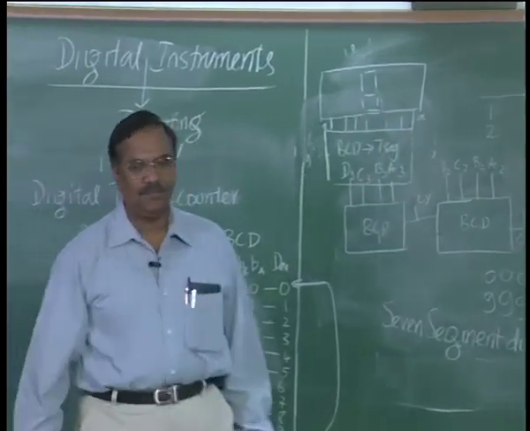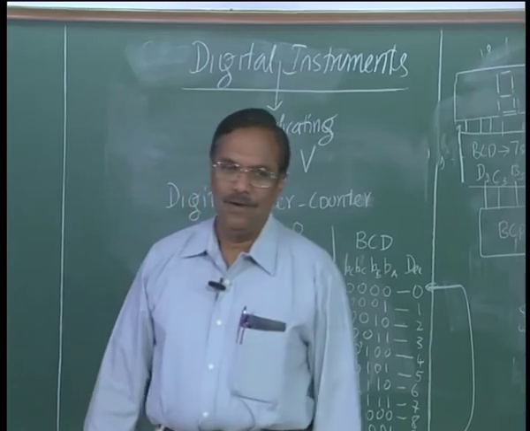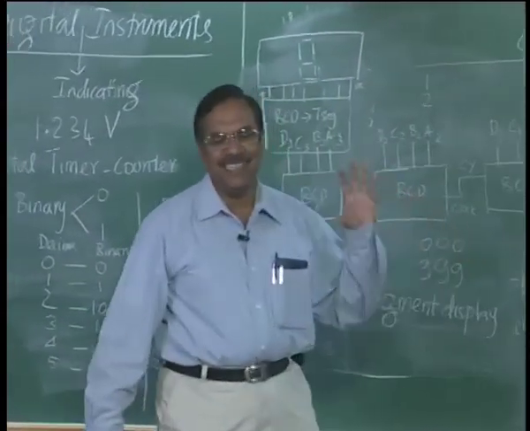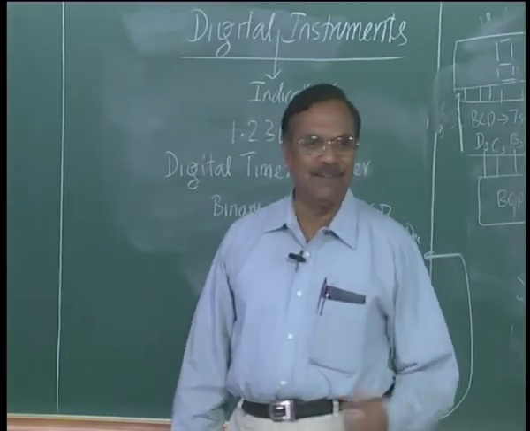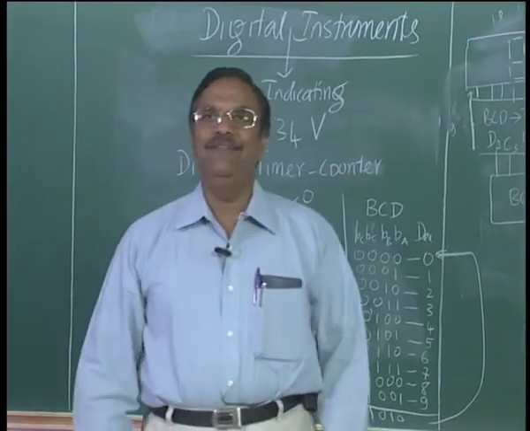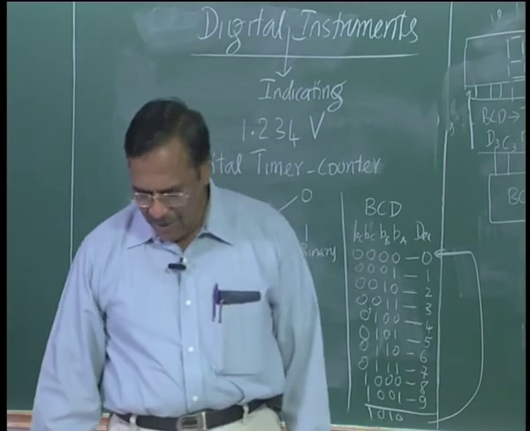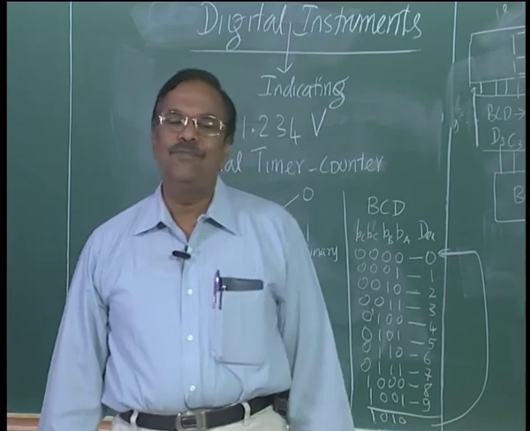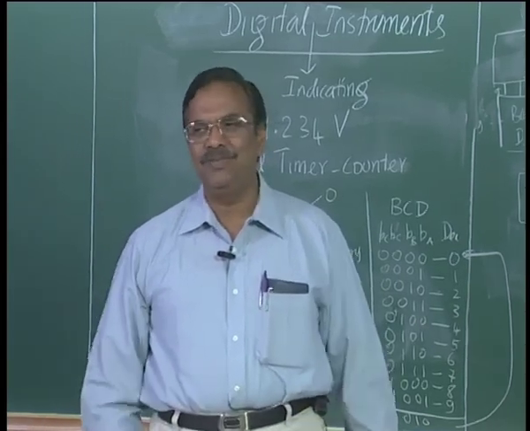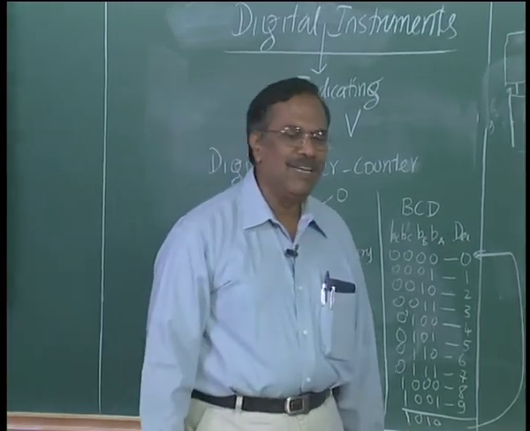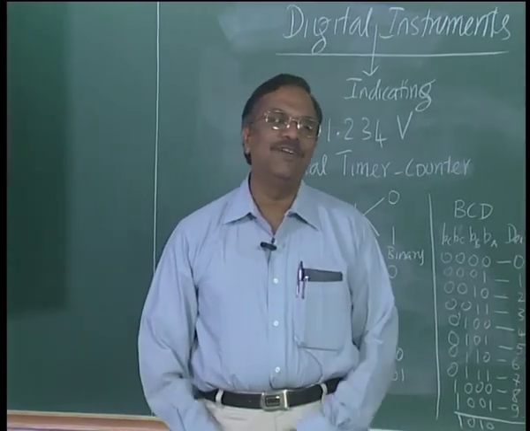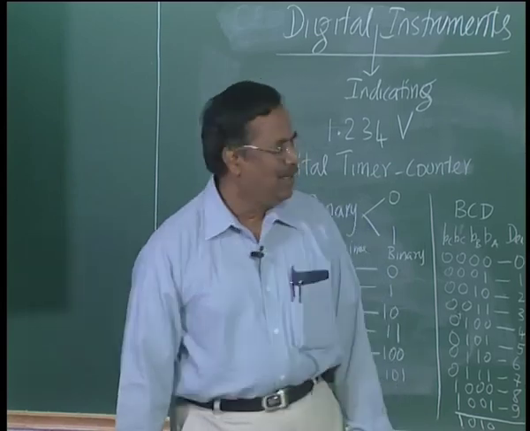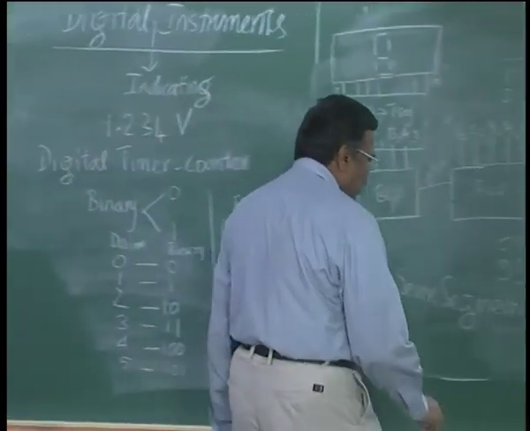Okay. Initially in the 7 segment display, the segments were bulbs, literally incandescent lamps. Then when LEDs were invented, it became LEDs, and most of the 7 segment displays we use today are liquid crystal displays. That is because the liquid crystal display consumes the least amount of power, right. So we will stop here, we will continue in the next class.